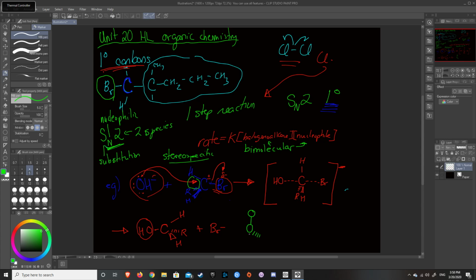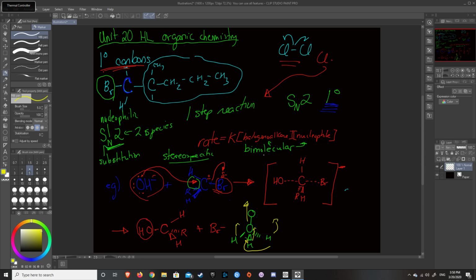We've got one going into the board, one coming out of the board, and one at the bottom. So it always comes in from this gap between these 3. Our nucleophile always comes in from the bottom side, flips these over to the top side, and kicks this one off completely. So it's a bimolecular reaction.